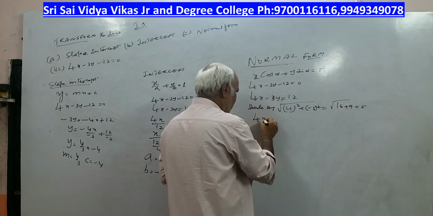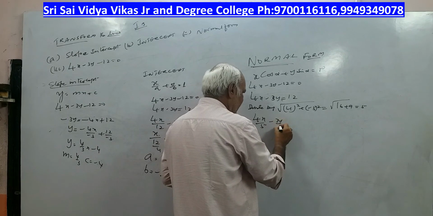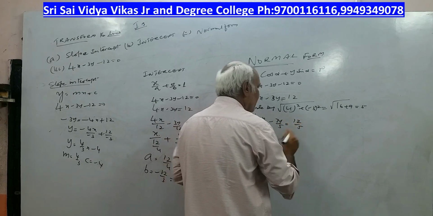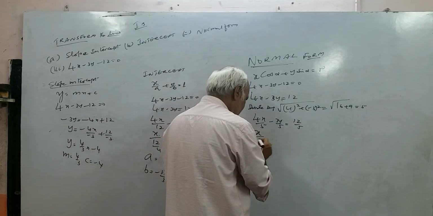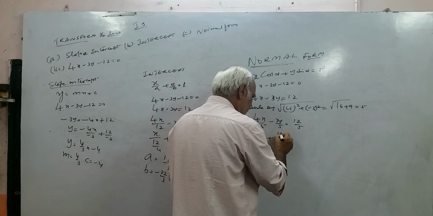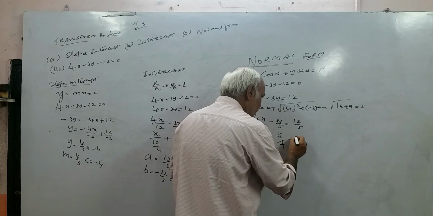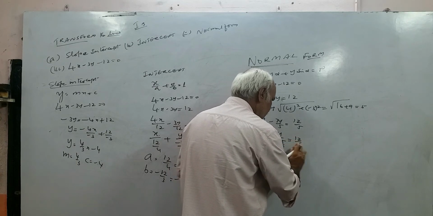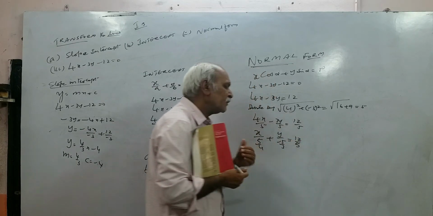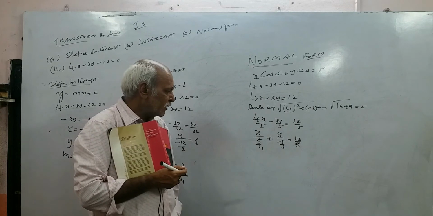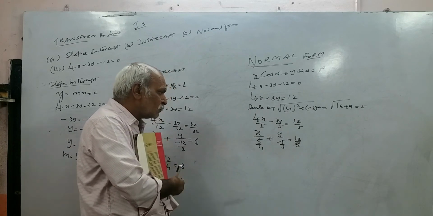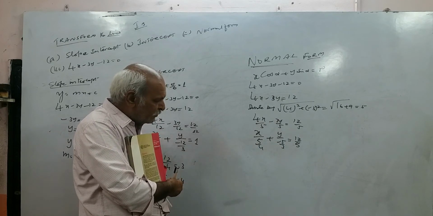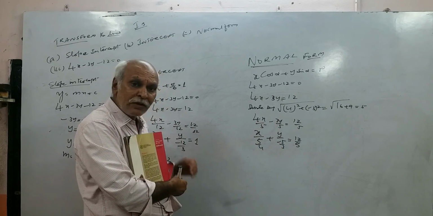So, 4x by 5 minus 3y by 5 is equal to 12 by 5. Right? Therefore, this can be written x by 5 by 4 and y by minus 5 by 3 is equal to 12 by 5.